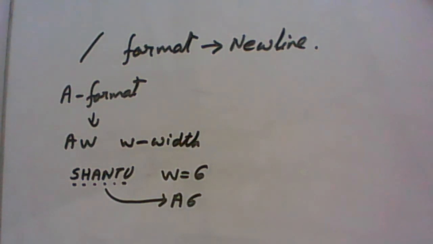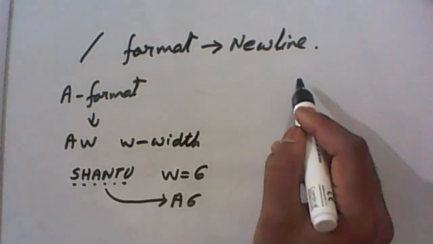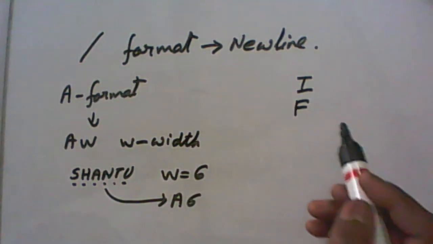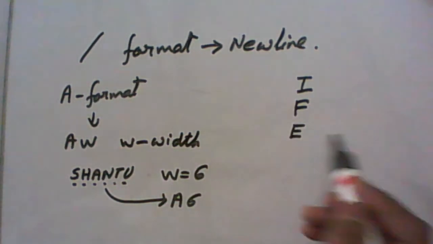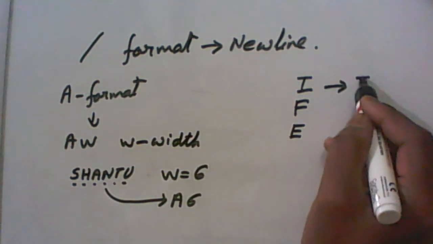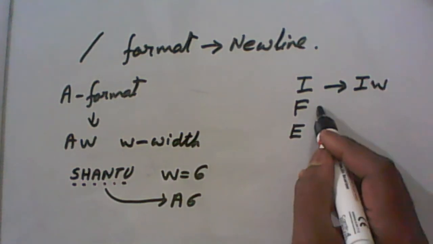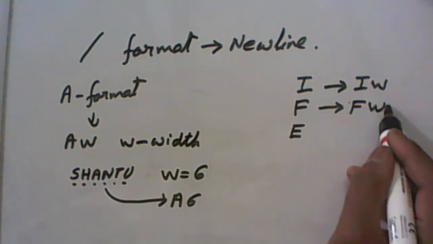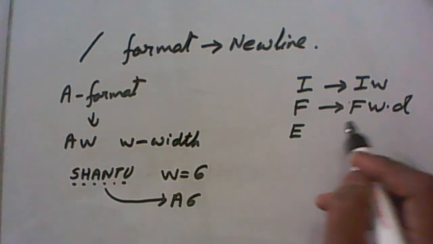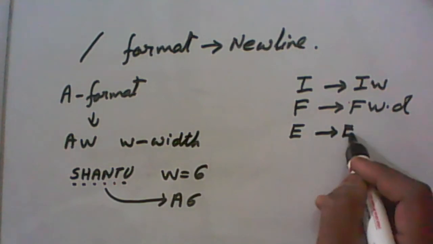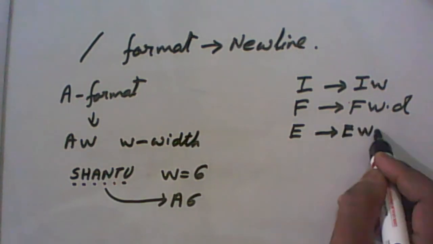So these are the different types of formats that are used in Fortran. We talked about the I format, the F format, the E format. The I format is of the form Iw, as I told you. The F format is of the form Fw.d, where d is the number of places after the decimal. The E format is of the form Ew.d.